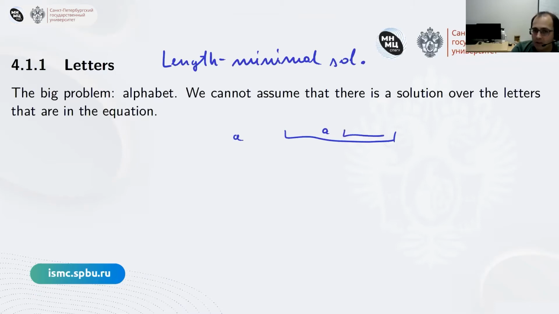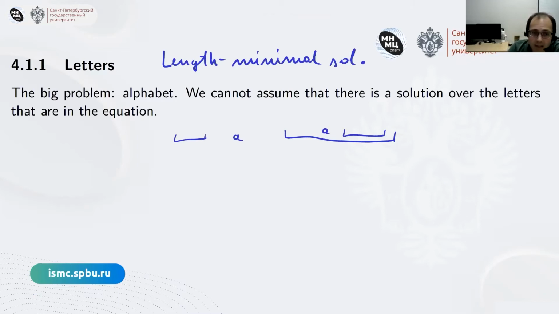Or that some subwords, if they are in the substitution, then they need to appear explicitly somewhere in the equation, or at least some letters from those substrings needed to be in the equation. But this is no longer the case when we allow regular constraints.